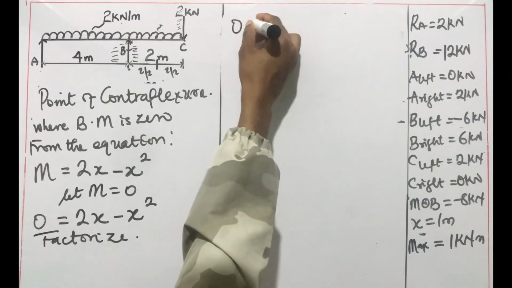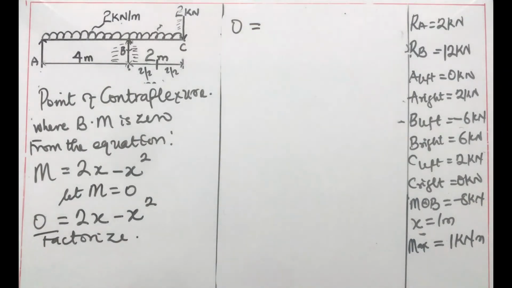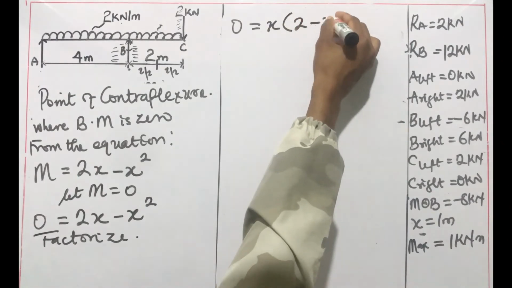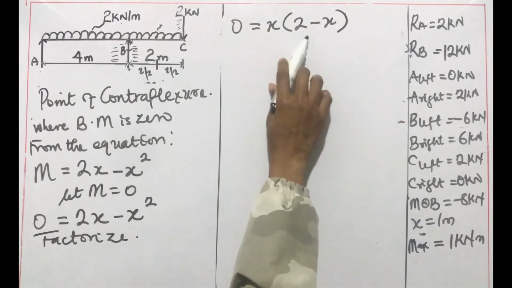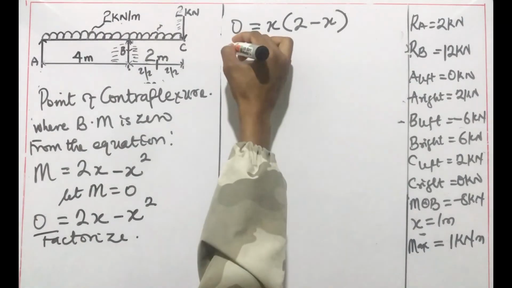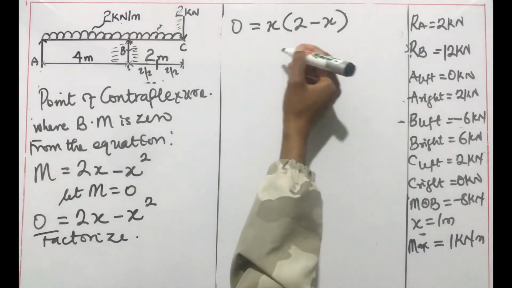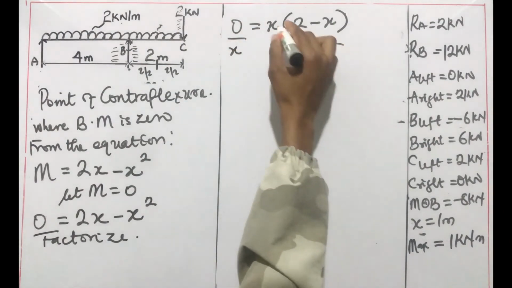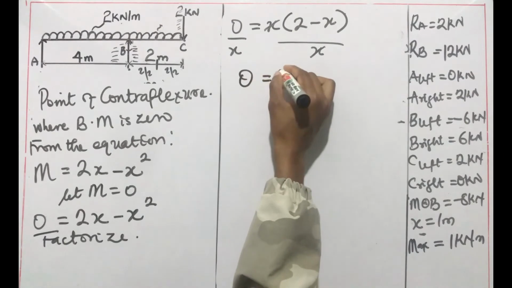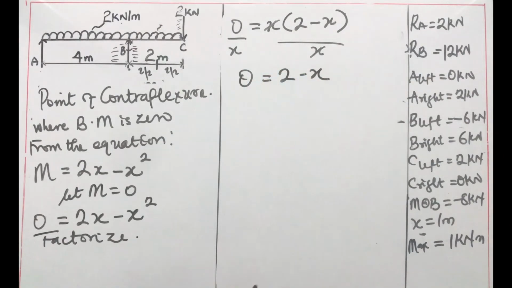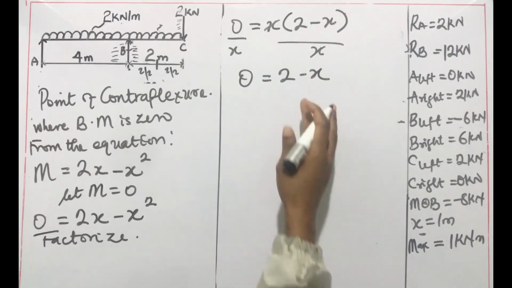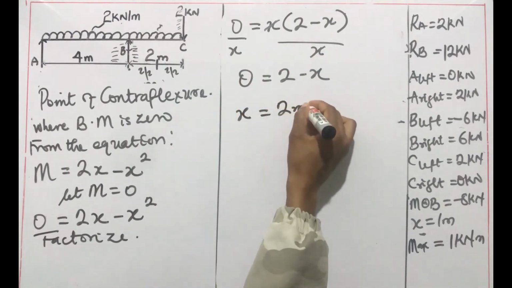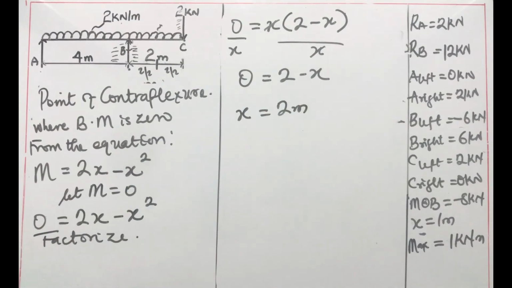Factorize 2x minus x squared. We have 0 equal to x, since x is common, so we have x times (2 minus x). Now divide both sides by x. Collecting like terms, we have that x is equal to 2 meters.